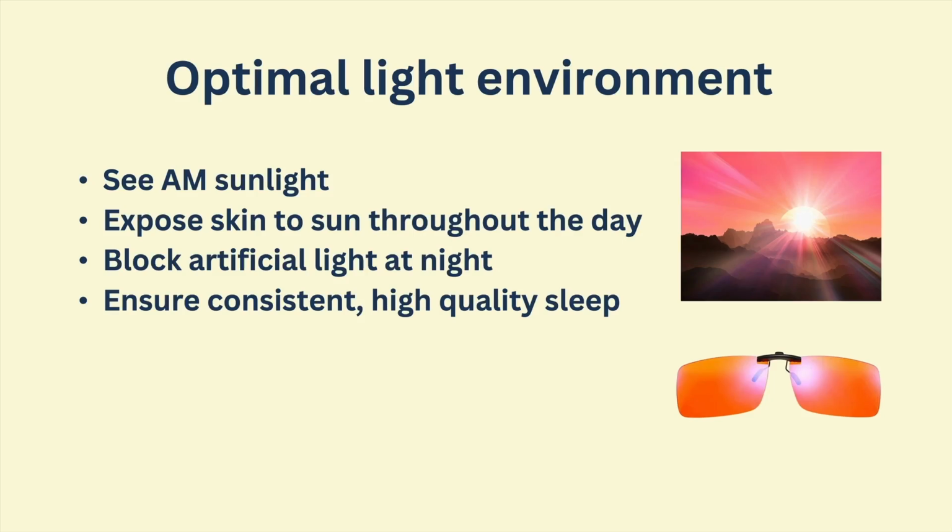So how do we solve our visceral fat? How do we readjust our lifestyle to minimize the likelihood we're depositing this very dangerous type of fat? Well, we need an optimal light environment.